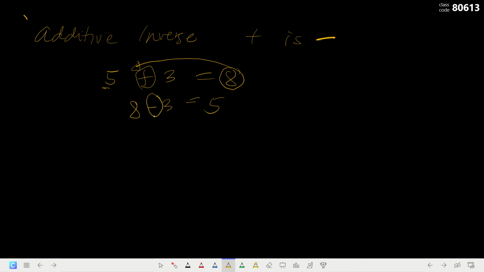And likewise, the inverse of subtraction, for example, 15 minus 5 is equal to 10. So to get back to 15, so 10, and then since I subtracted here, I will add 5. So 10 plus 5 is equal to 15. So that is the inverse. So it undoes the process of the other function, the one-to-one function.